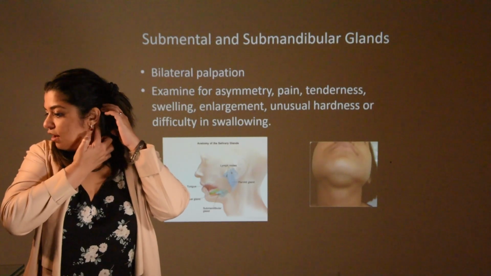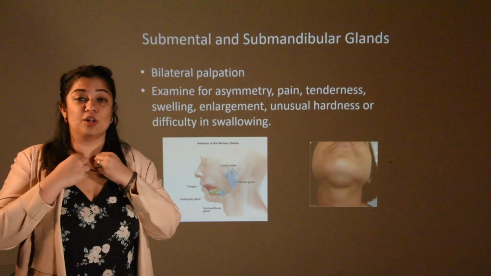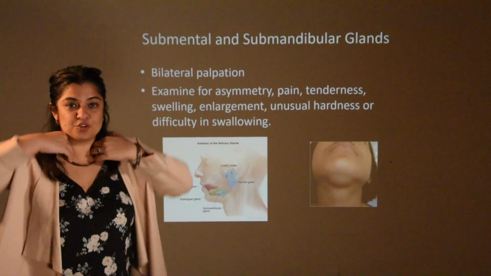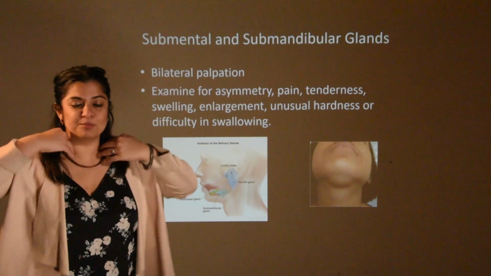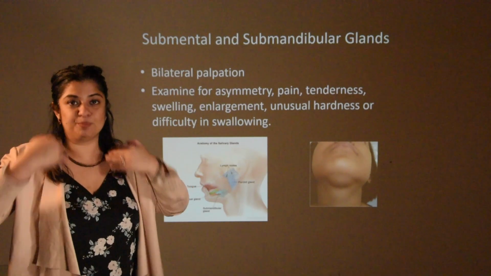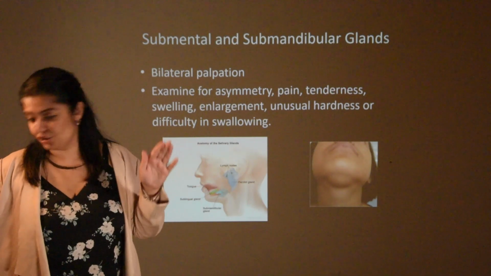This is called the occipital lymph nodes right here, and these lymph nodes in the neck are called the cervical lymph node chain. Above your collarbone is called your supraclavicular lymph node. Supra means above. So that's your entire lymph node chain.